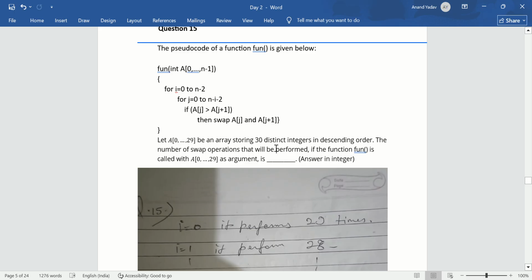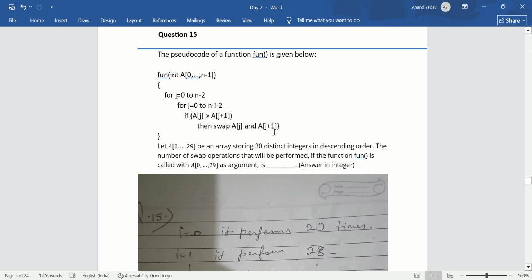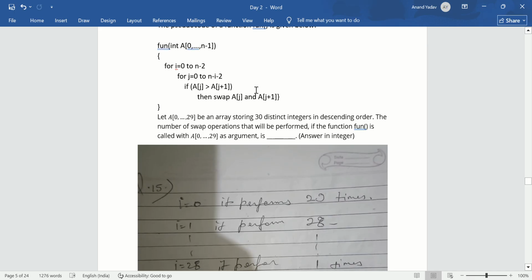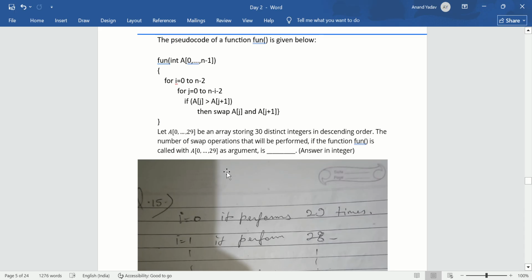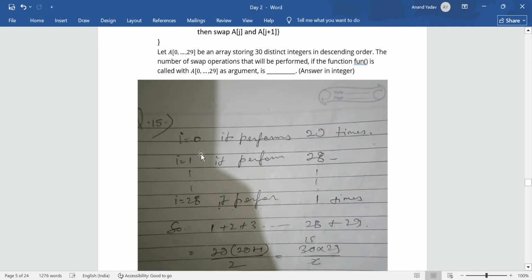Here is a swap operation. Let there be an array storing 30 distinct integers in descending order. The number of swap operations that will be performed: how many swap operations does it perform? Given an array in descending order of 30 distinct integers, how many swap operations are performed? Since it is given a descending order array, every time a swap operation is performed for sorting.